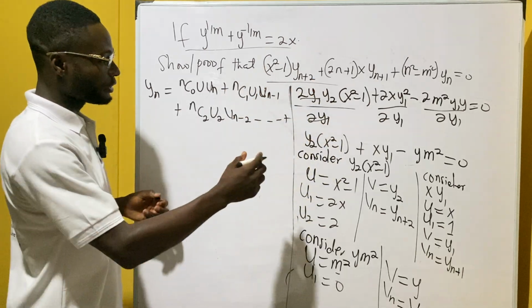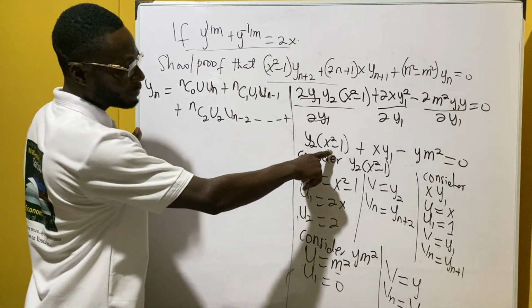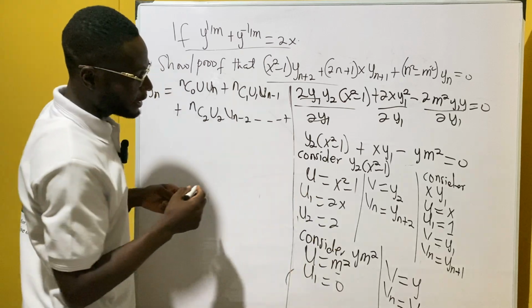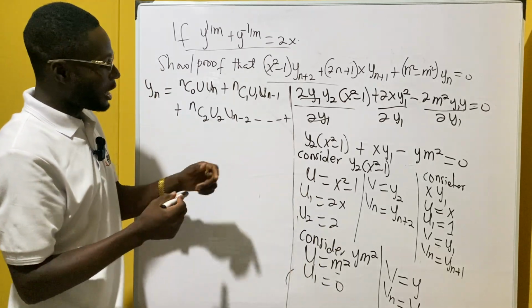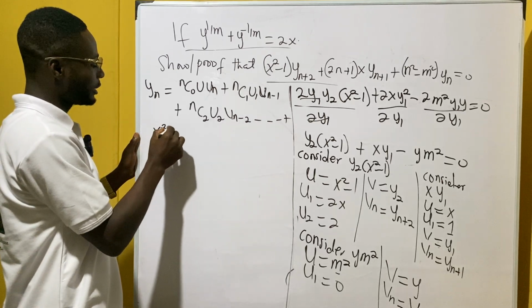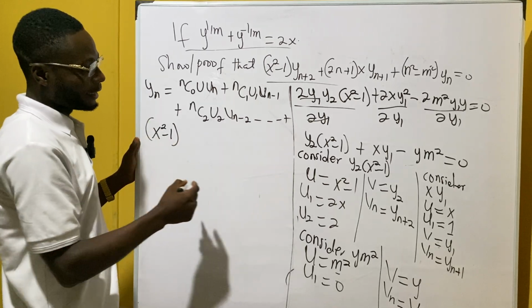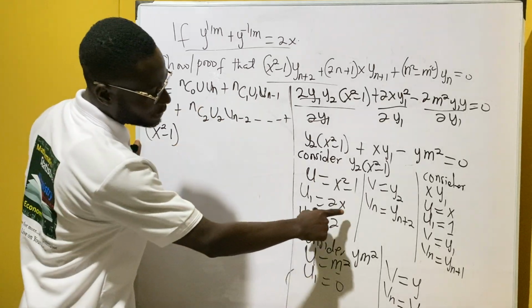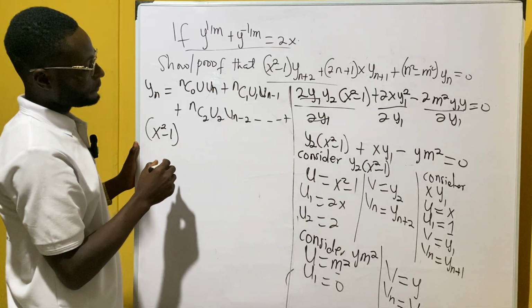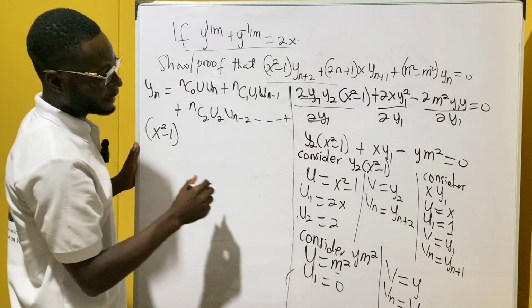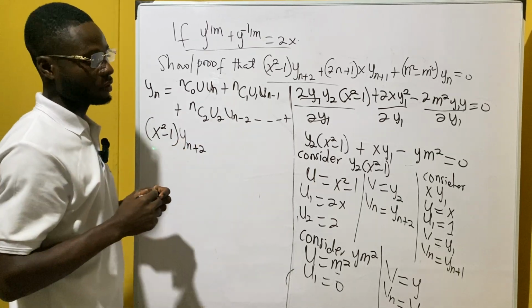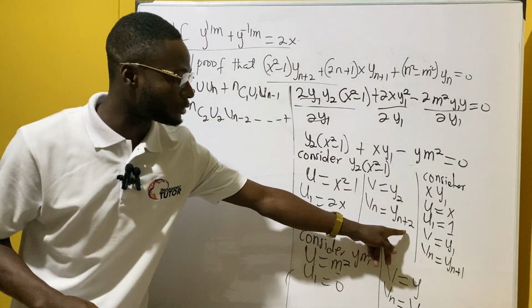So here we are going to say that this right here is our first term, right? So this is our u right here. Our u here is x squared minus 1, right? And then our Vn is what? Our Vn right here is yn plus 2.